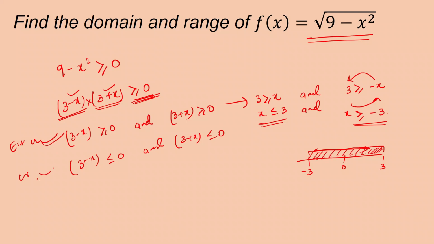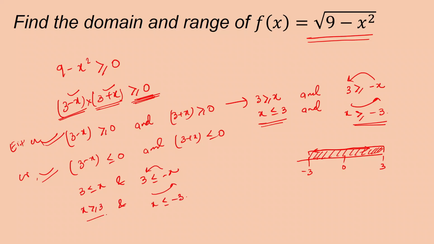Okay, now take the second condition. 3 minus x less than or equal to 0 means 3 less than or equal to x and 3 less than or equal to minus x. So from this we get x greater than or equal to 3 and take x to this side and 3 to the other side, x less than or equal to minus 3.